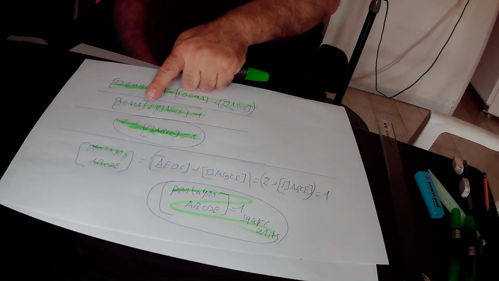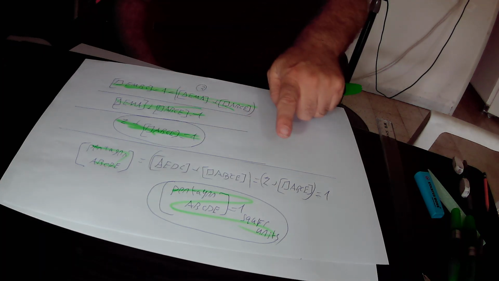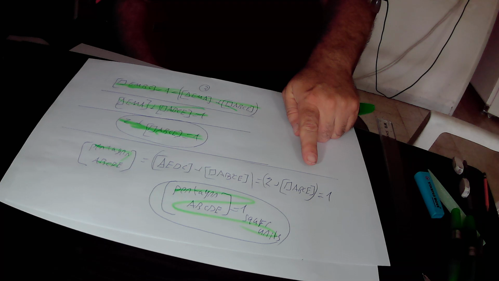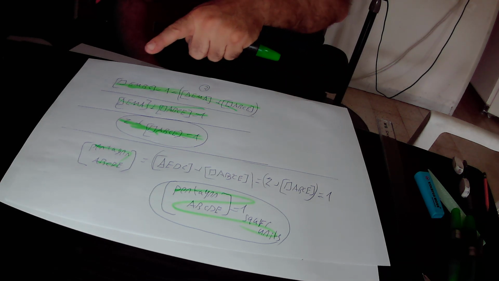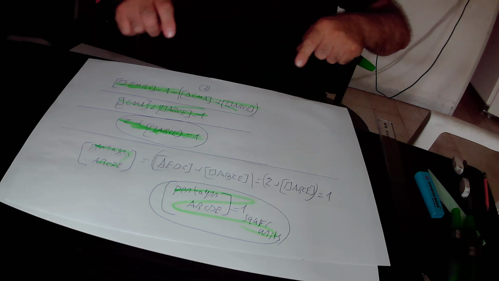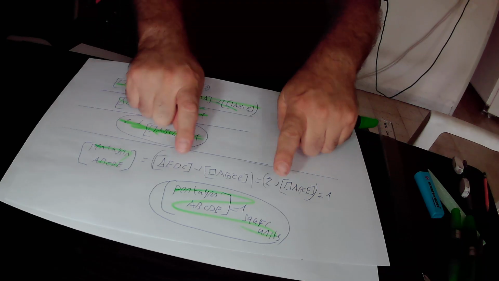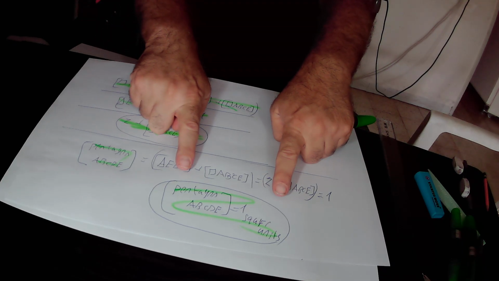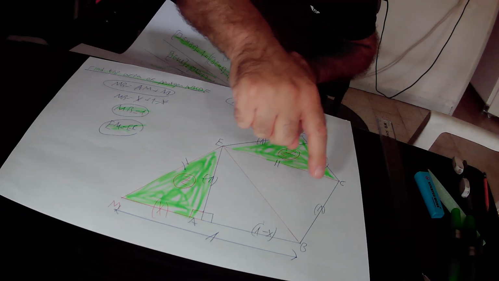But we already found out that Z plus the area of quadrangle ABCE equals 1. And from this equation, we derive that the area of pentagon ABCDE equals 1. The area of this big pentagon ABCDE equals 1 square inch in size.